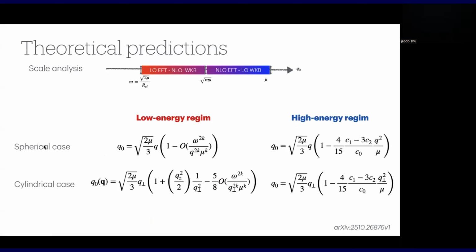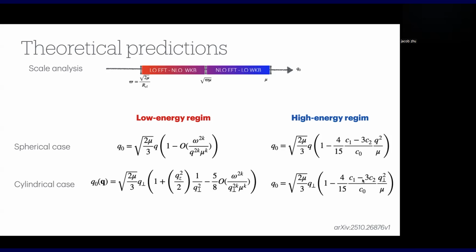So if we have a spherically symmetric potential, but to be closer to the experiment, we can consider a cylinder box, a potential in the transverse direction and a hard wall in the z direction. And what we found is exactly the same correction in the high energy regime, which makes sense because it did not depend on the potential.